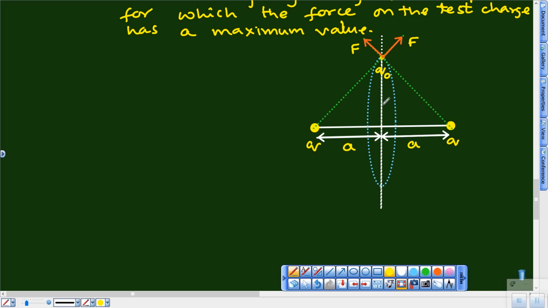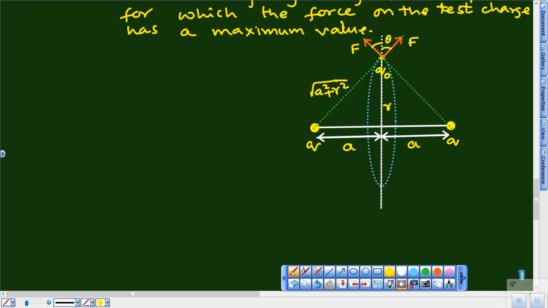If the radius of the circle is r, you can see that the distance, which is the hypotenuse of this right angle triangle, would be under root a square plus r square. If I call this angle theta, which is going to be the same as this angle as well.